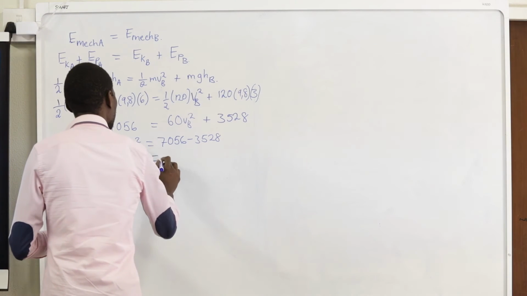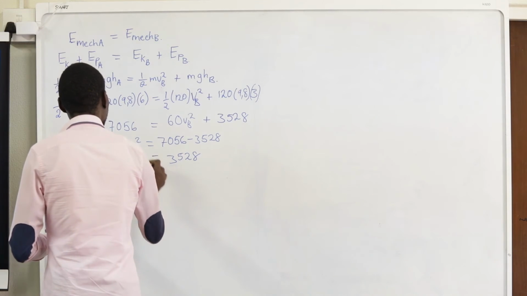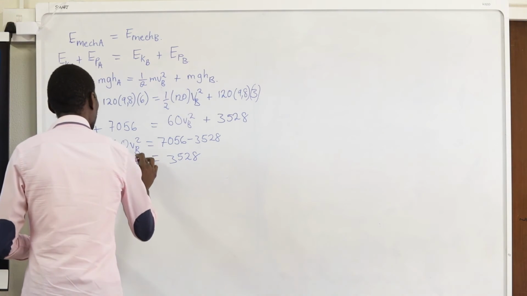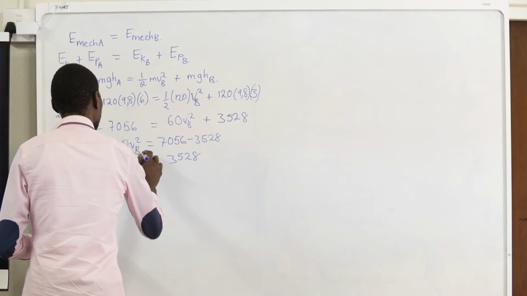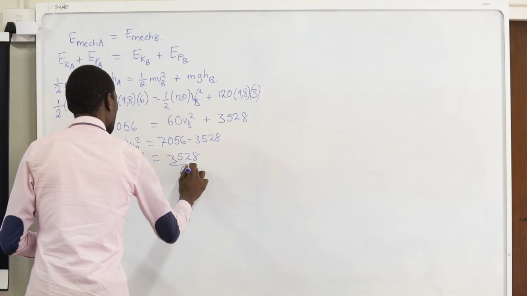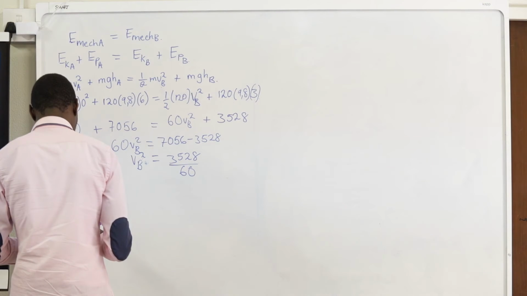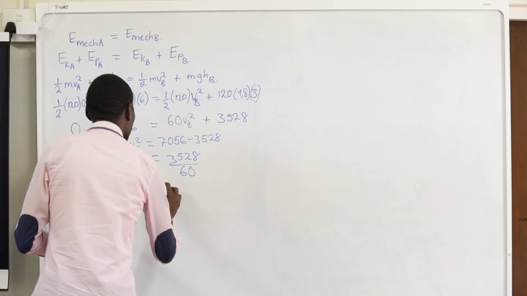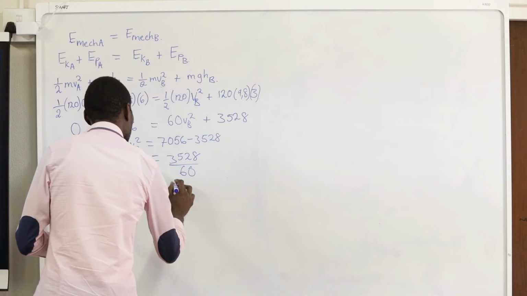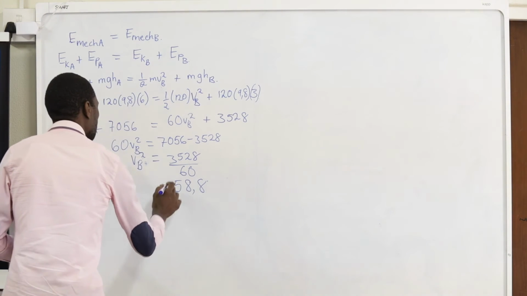Which gives you again 3,528. And then if we are dividing by 60, VB squared is equal to 58.8, right?